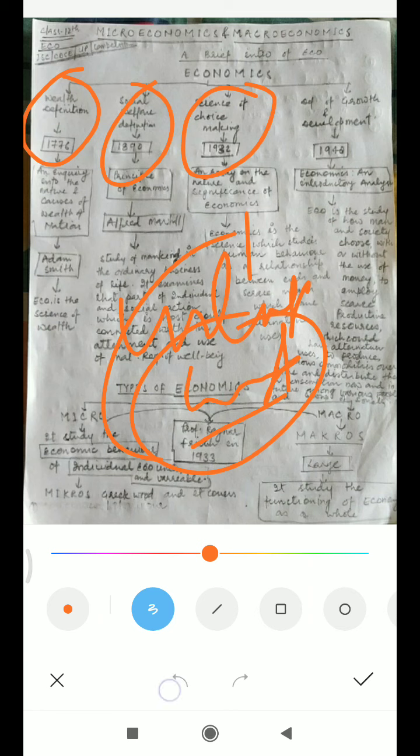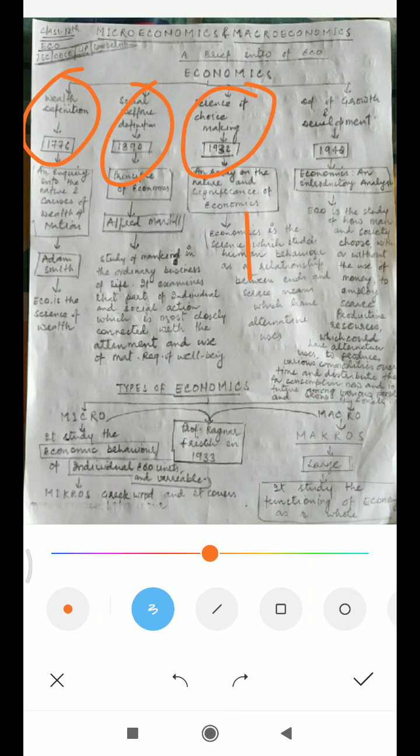If a man satisfies his first want, bread, then he goes for clothes, and when he fulfills the second want, he goes for shelter, and when he fulfills all three basic needs, then he will go for luxuries, and there is no limit to luxuries.